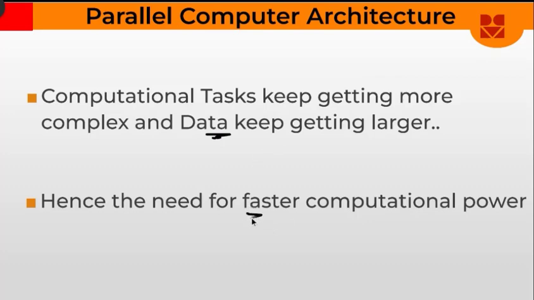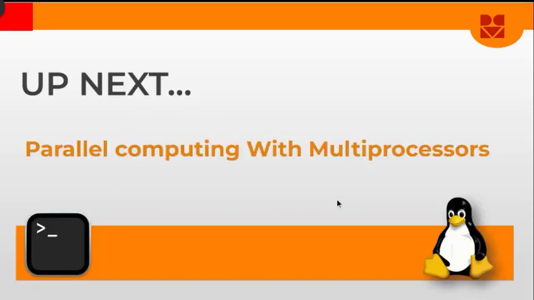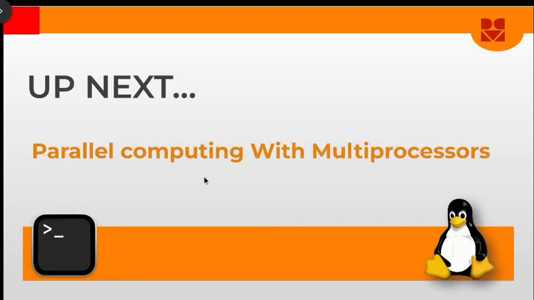So it means that we need faster computational power and more powerful processing capabilities. In order to do that, we would have to look for a way to combine multiple processes to work together. So in the next video, we would look at parallel computing with multiprocessors, where we see how multiple processes are combined together to compute in parallel and communicate with each other.